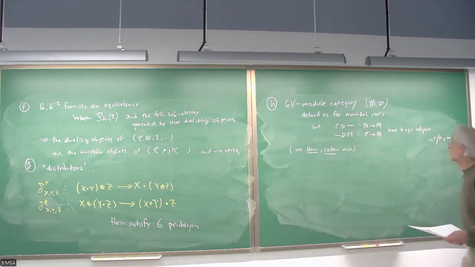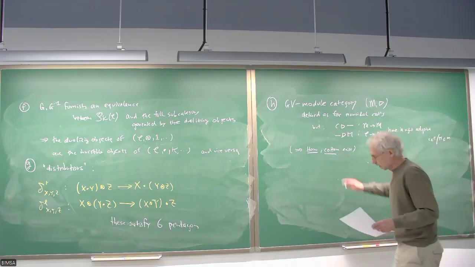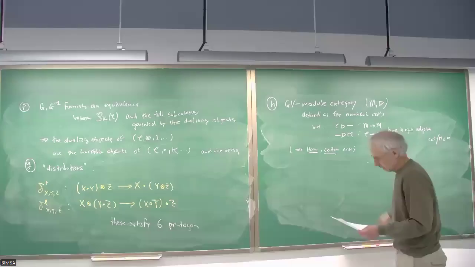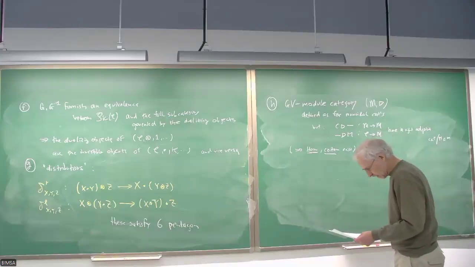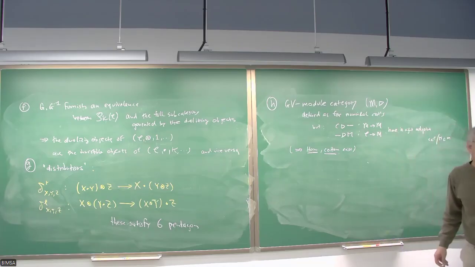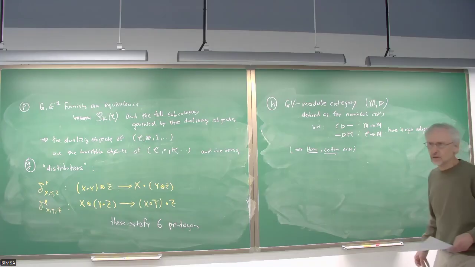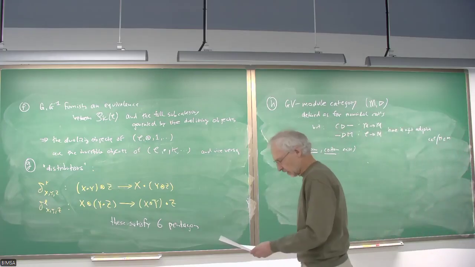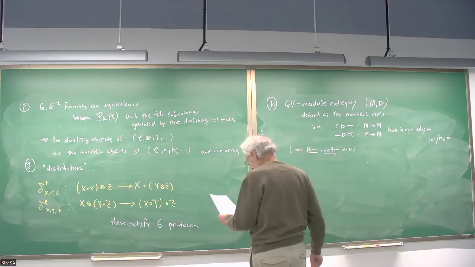Only then will we have these two statements in the way I just made them. But it turns out that this is the right thing to do. And also in the case of finite tensor categories, it reduces to the definition from the Etingof et al. book that I gave before.